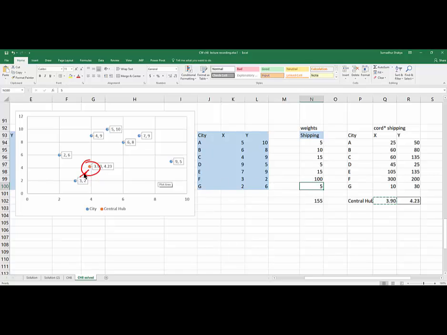It is shipping more volume, therefore it has more importance, and given the way we are calculating our weights, it has higher importance. So the importance of F would be 100 divided by the sum of all of these, which would be 155 in this case. So the percentage importance of F increased quite a bit.